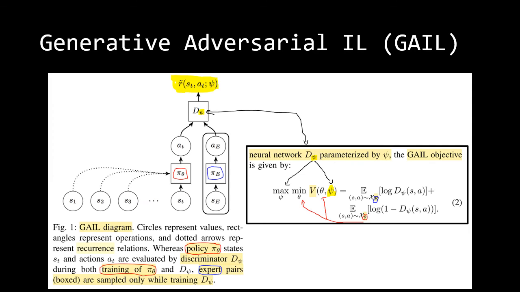And a good example of that that has been applied to autonomous driving, at least in research, was the GAIL method, so generative adversarial imitation learning. The goal is to train the policy again, so that it's rewarded when it manages to deceive the classifier.